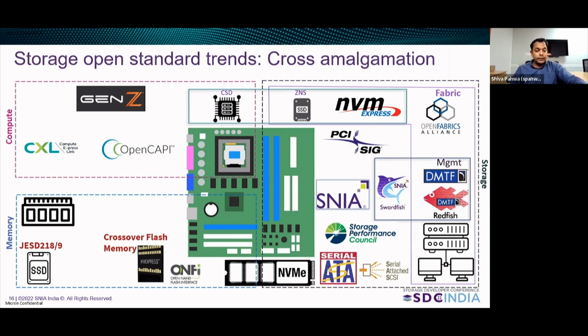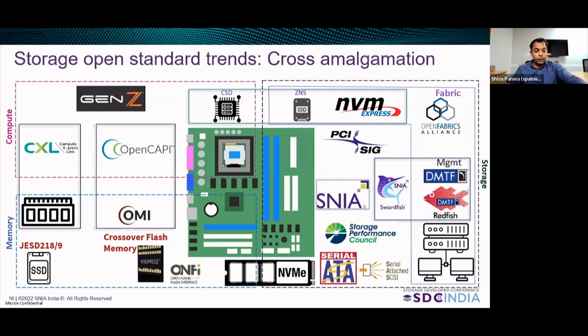CXL used the existing DRAM solution, and OpenCAPI introduced another technology called OMI, where we could increase the memory bandwidth and also the capacity, which was a bottleneck.